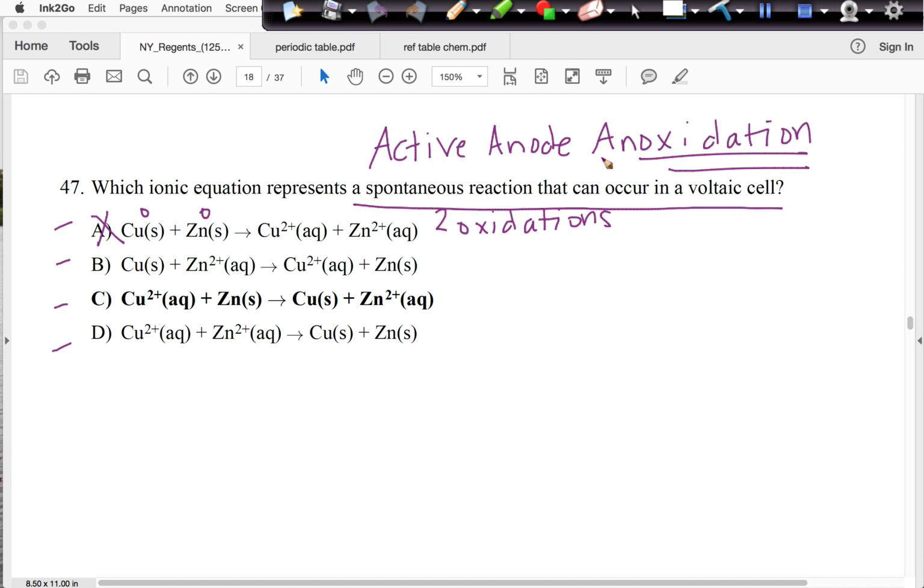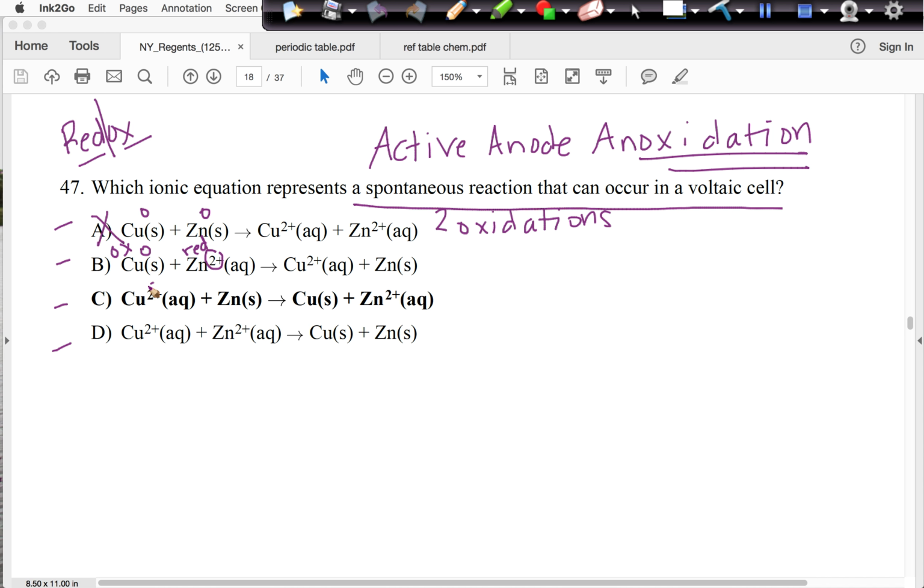And that doesn't happen because for a redox reaction, both reduction and oxidation have to happen at the same time. For B, copper is being oxidized because its charge is going up. Zinc is being reduced because its charge is going down.